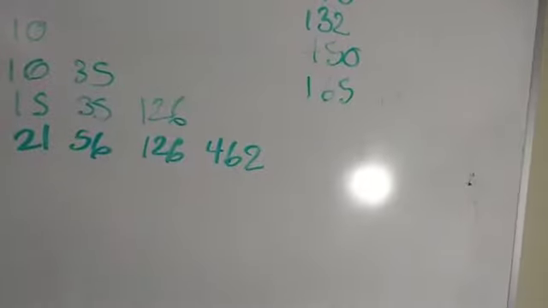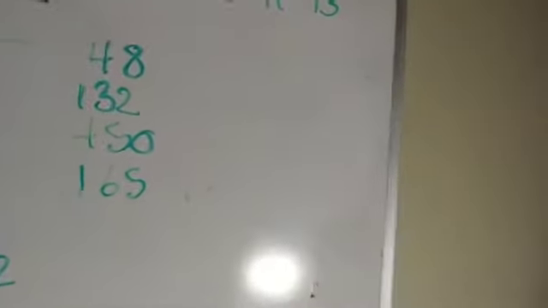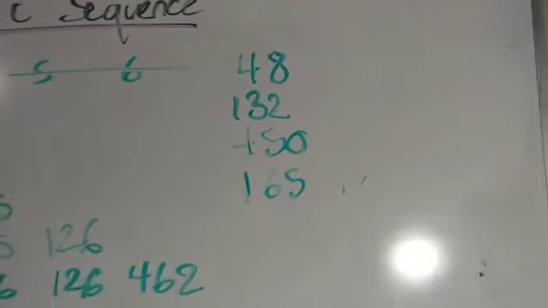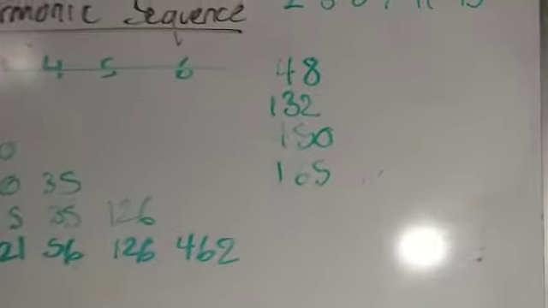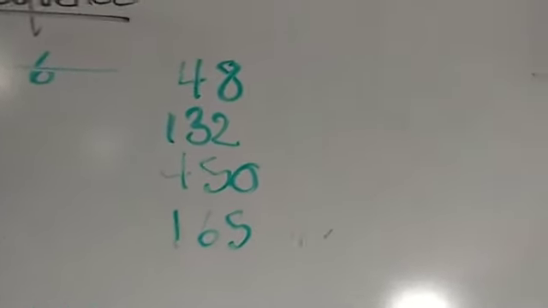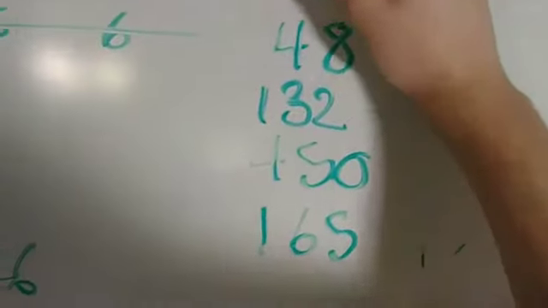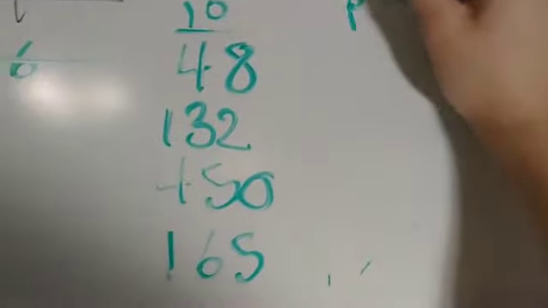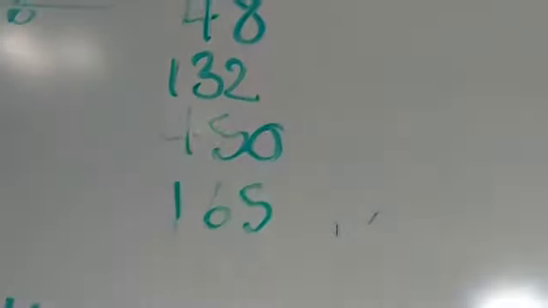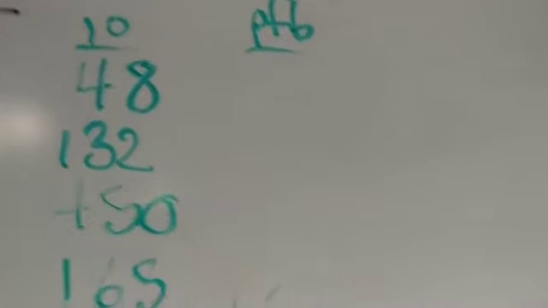Okay, so I have chosen 4 numbers. I had to pick them because they fit in this. I couldn't pick numbers that don't fit in it, and I had to kind of think about it. But so these are in base 10, and I'm going to put them in PFB, prime factor base. 48 is 6 times 8, which is 2 times 3 times 2 times 2 times 2.